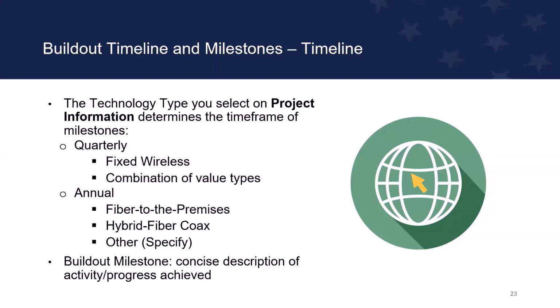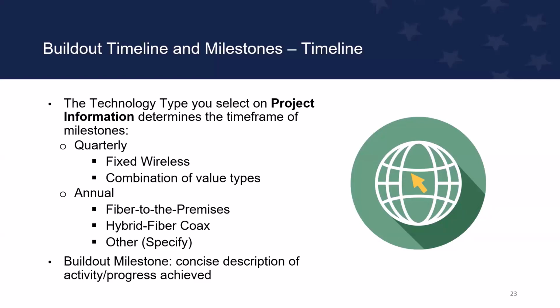An annual basis is for fiber to the premises, fiber to the home, or a hybrid fiber coax situation. I'm hard pressed to come up with another example, but if there is something that doesn't fit in those concise categories, that's where you would provide that under an annual time frame.